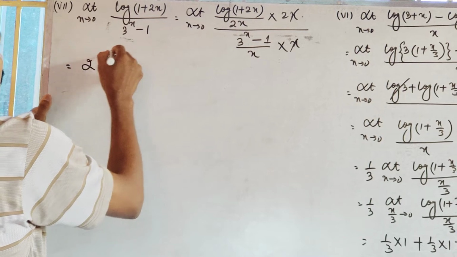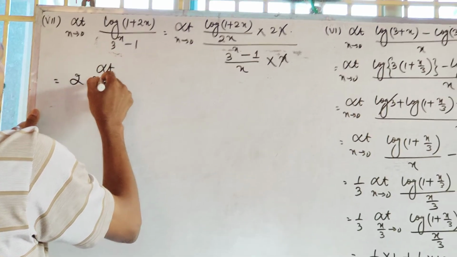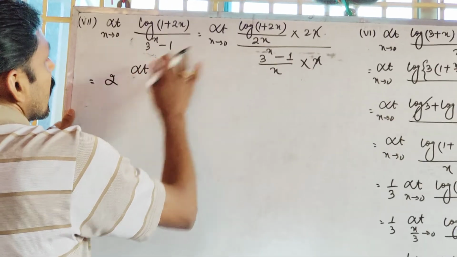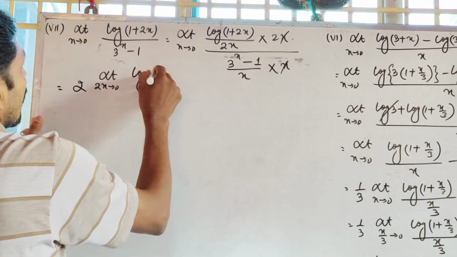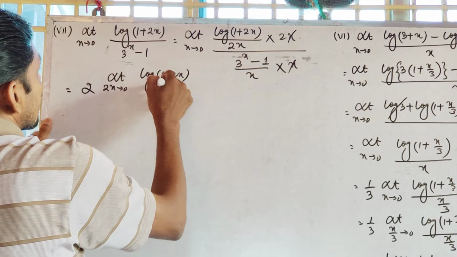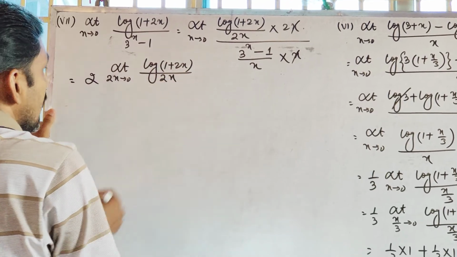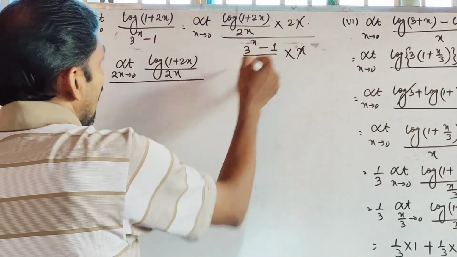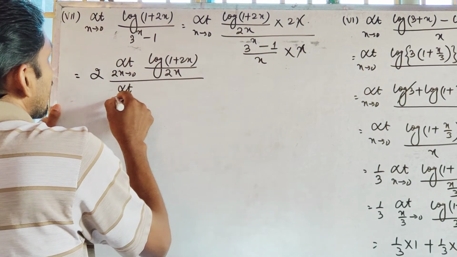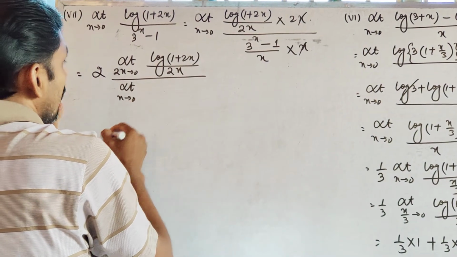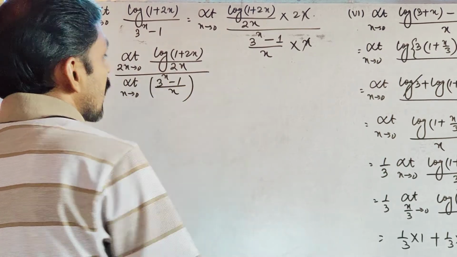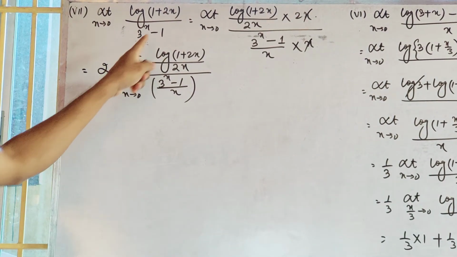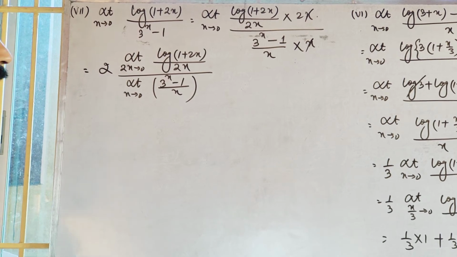So if x will be cancelled, then it will be only 2. Okay. So it is 2 into, that is limit x tends to 0. It's same as 2x tends to 0 log 1 plus 2x by 2x, by, here we can write it as limit x tends to 0, which is 3 to the power x minus 1 by x, limit of numerator by limit of denominator.